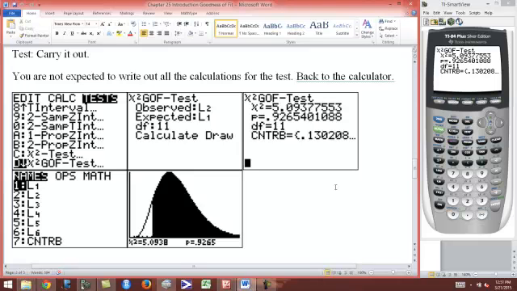The degrees of freedom are 11, which means that the mode, the high point for this distribution, is degrees of freedom minus 2. So this is at 9 right here.